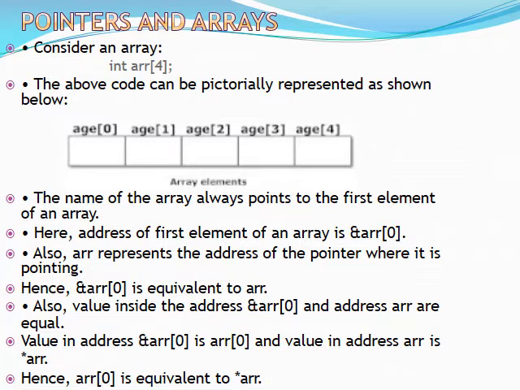So &ARR[0] and the address ARR are equal. If I give &ARR[0] and if I give ARR, it will give me the same value. So both values are equal. The value in that address, that is &ARR[0], is ARR[0], and the value at the address ARR is nothing but *ARR. Hence ARR[0] is equivalent to *ARR, that is ARR in this example.